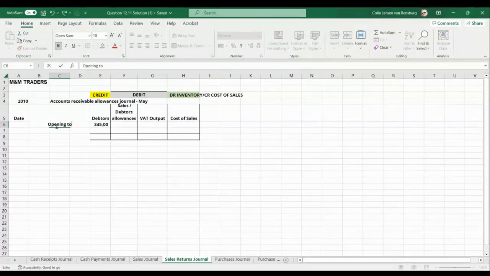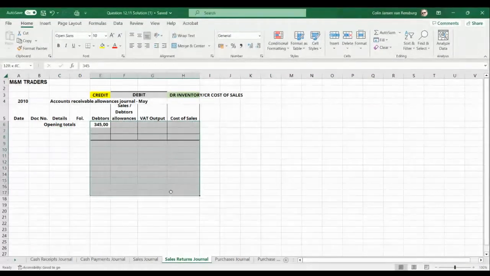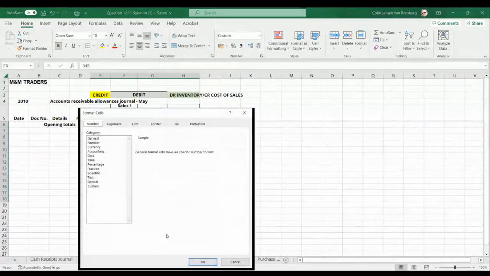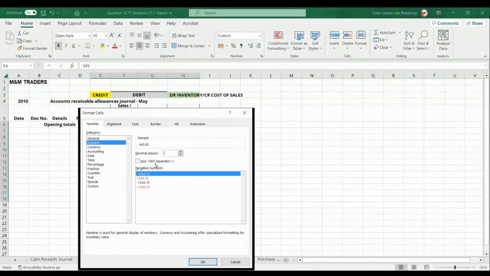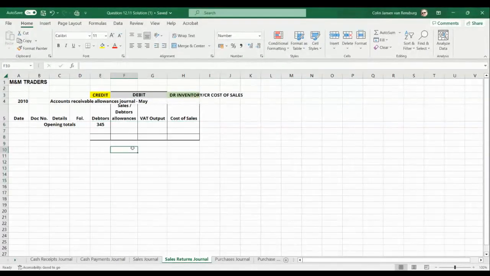Opening totals. Just format that again. Don't want it to show the cents. Let's see what else is there.